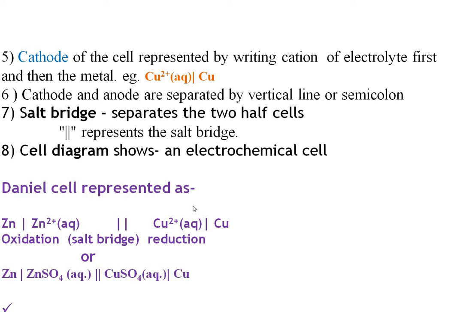So the Daniell cell is represented as Zn | Zn2+ || Cu2+ | Cu. We can write Zn2+ as zinc sulfate or Cu2+ as copper sulfate. Here it is written oxidation at the anode, this is the salt bridge and this is the reduction part.